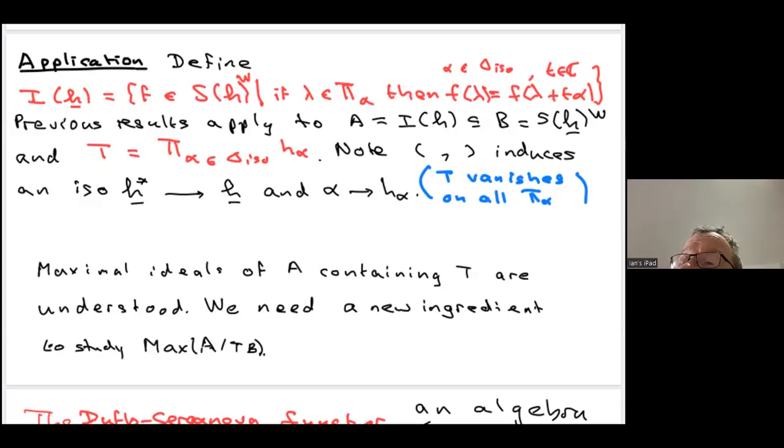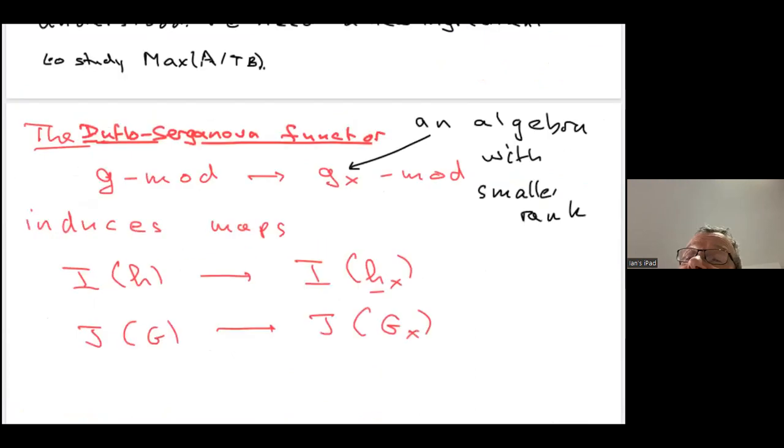So maximal ideals of A that contain T are well known, and we need one more ingredient to study maximal ideals in the factor ring. What we need is the Duflo-Serganova functor. I won't say too much about this functor.